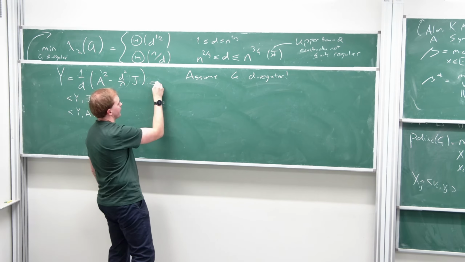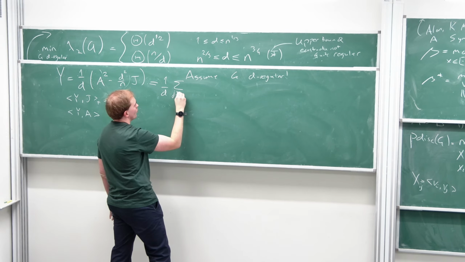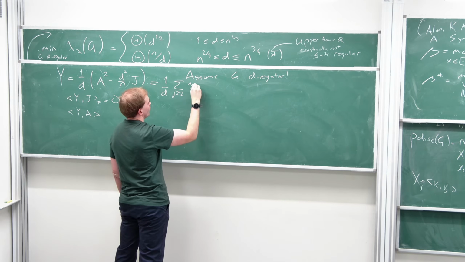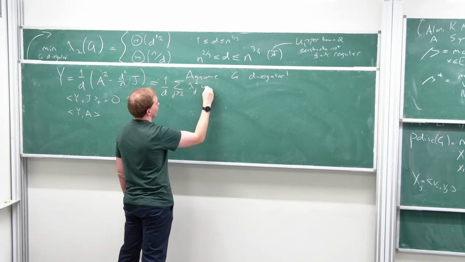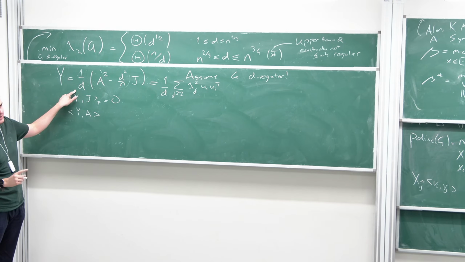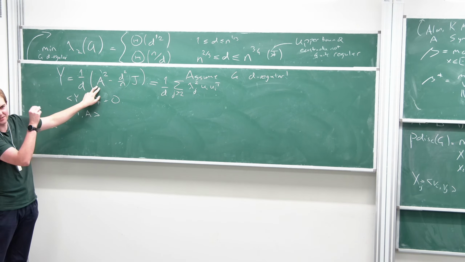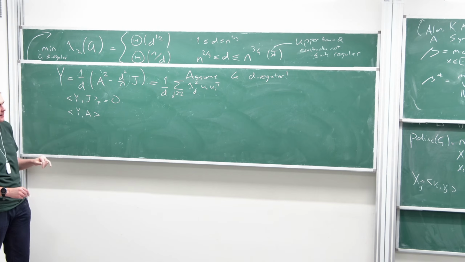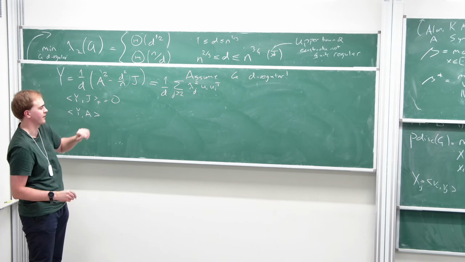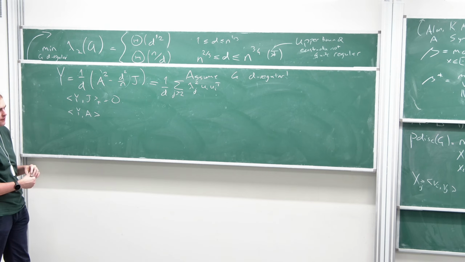This is also why I'm dividing by d. I'm dividing by d because the diagonal entries of a d-regular matrix A squared are just d. So now I'm making the diagonal entries 1, and I'm subtracting something small from them. So this matrix satisfies the conditions of the optimization problem.